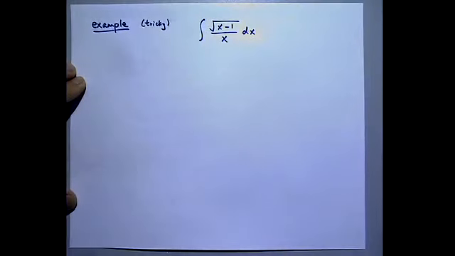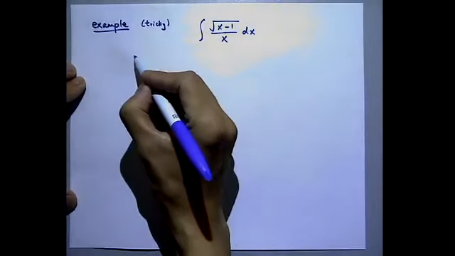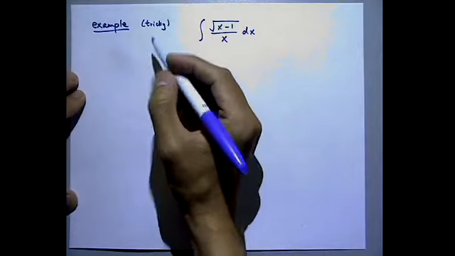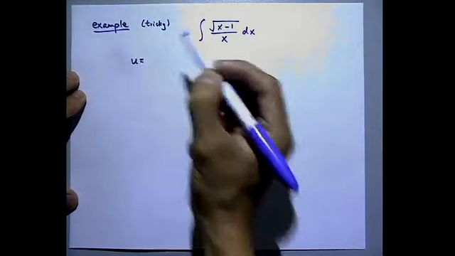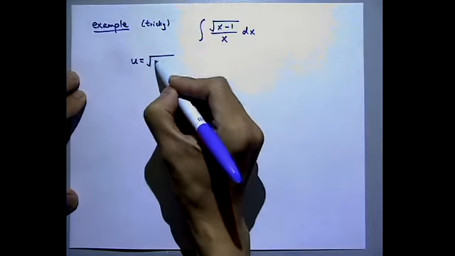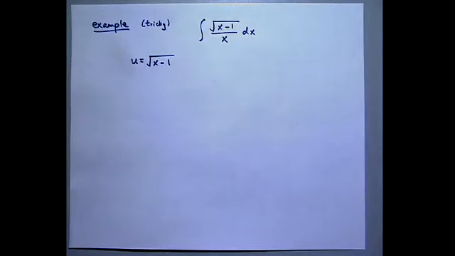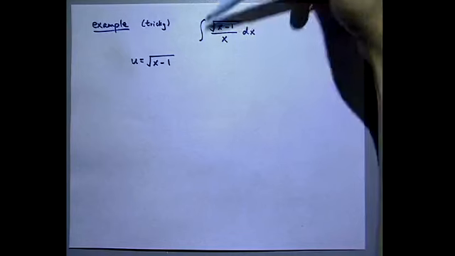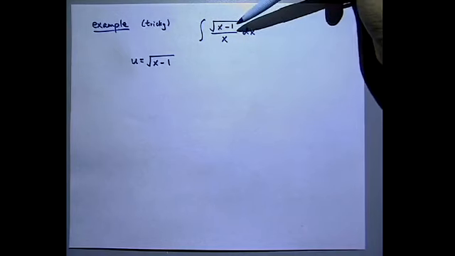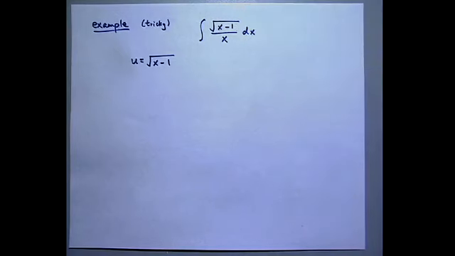It's not obvious, but when someone tells you, then it becomes a little bit more obvious. Okay, maybe even then it's not. Well, you'll see. So the clue here is I'm going to take the more complicated thing to be u. That's in general what you would do with substitution anyway. The more complicated of the two parts, let that be u.